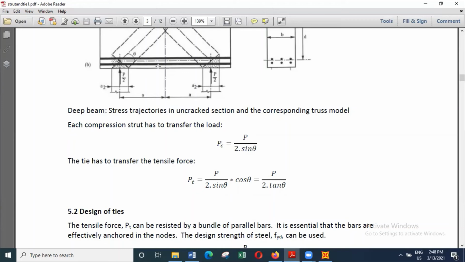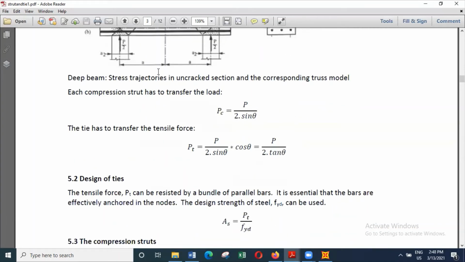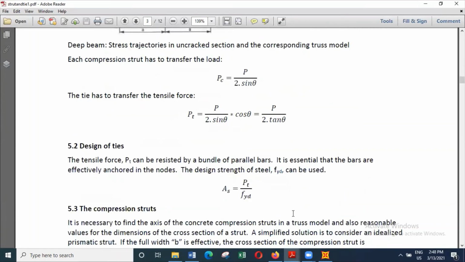So you can see this bottom reinforcement can be spread over a height of about 0.6 meters. And to find the reinforcement, you divide the load by the stress, then you get the area. So that way you can find the reinforcement required at the bottom.